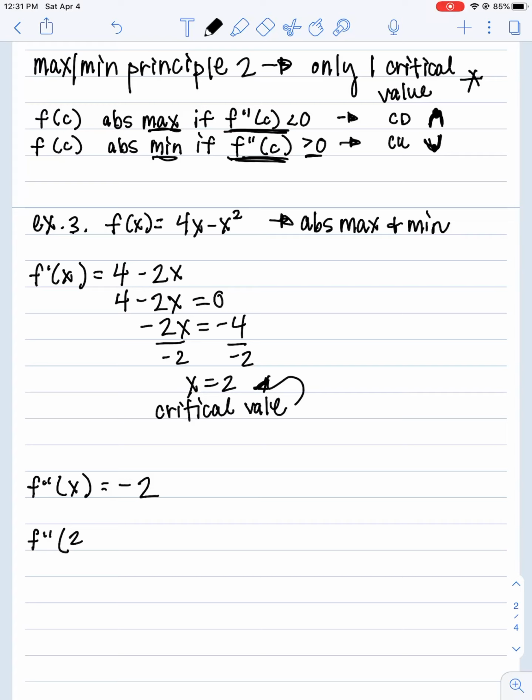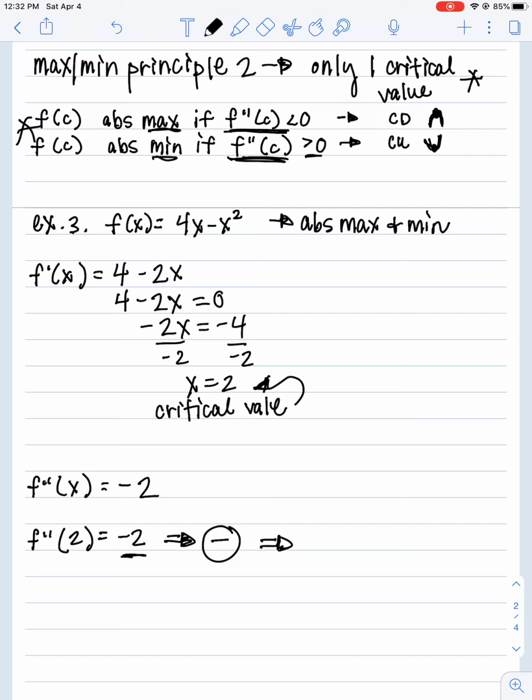So we need to plug in our critical value. So we need to take the second derivative and plug in 2. And so negative 2, guys, there's nowhere to plug x in. So the answer is clearly just negative 2. And I don't care that the answer is negative 2. Similar to earlier sections, I just care that it is negative.